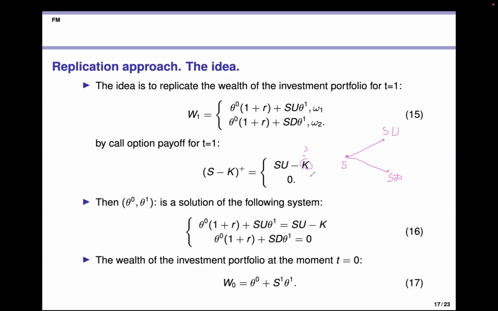How is it called? Let's remind what a call option is. A call option is a contract that gives the buyer the right to buy some asset, for example a stock, at some fixed price within a period of time.